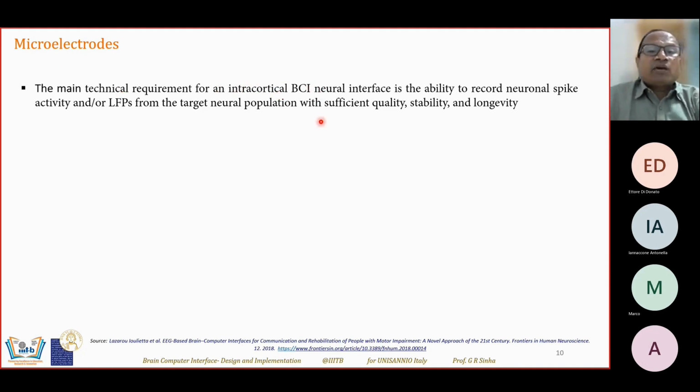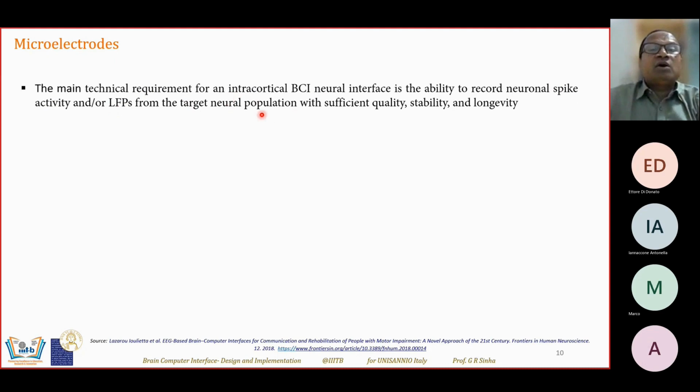So the main technical requirement for this interface is the ability to record neuronal spikes or neuronal activities and local field potentials, or either of the two. Either we want spikes or local field potentials or both from the target neural population.